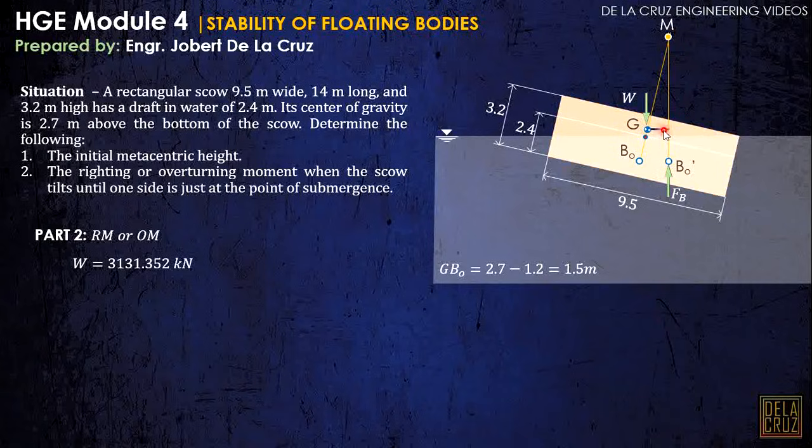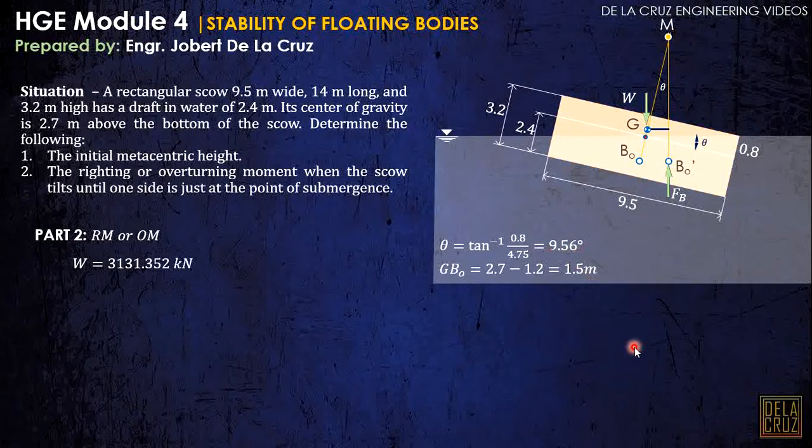So, ito yon. If that is theta, then ito yung theta natin dito. And of course, that is 3.2 minus 2.4 and 0.8. And this one is just half ng 9.5. So, calculate muna natin yung theta natin. That is the arctangent of 0.8 over half ng ating 9.5 or 4.75.